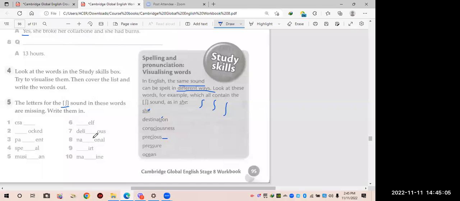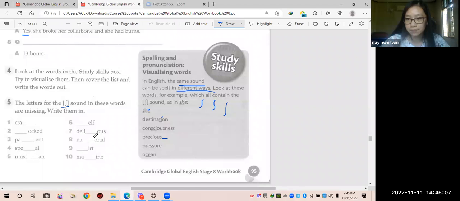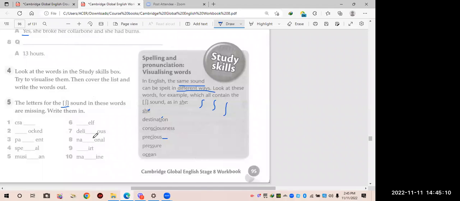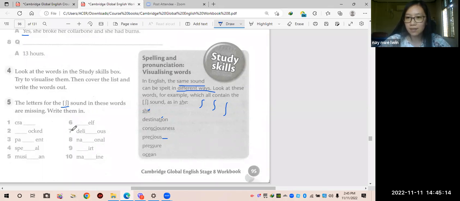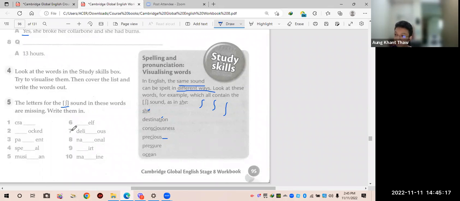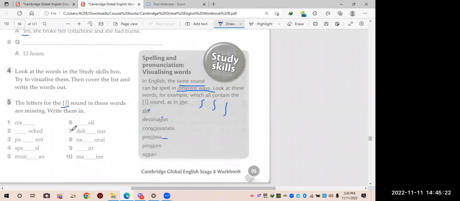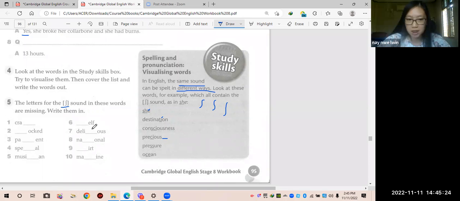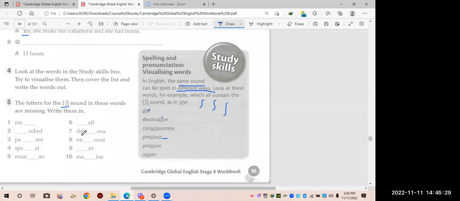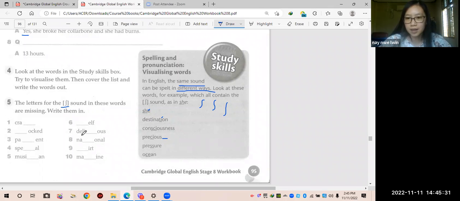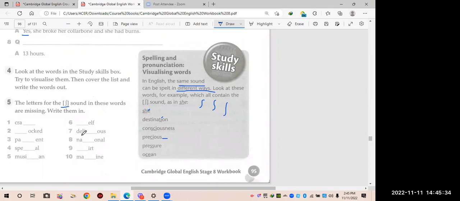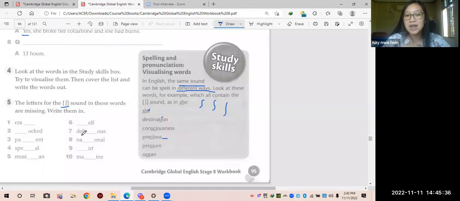Shelf. Shelf, SH. Yes, shelf, right. How about seven? Delicious. Delicious is spelled with CI. How about eight? National. National is spelled with TI. Yes. How about nine?